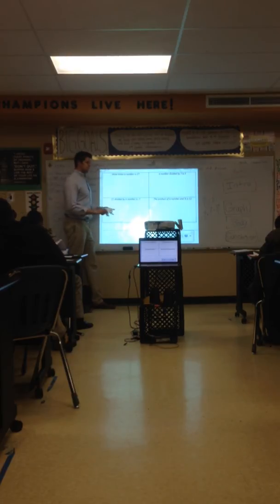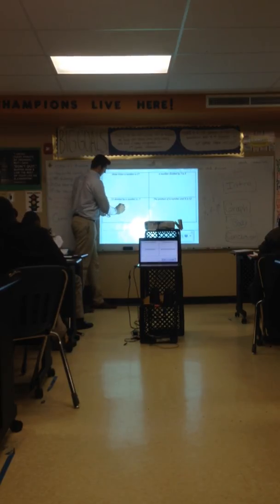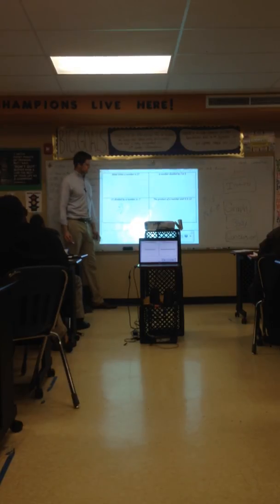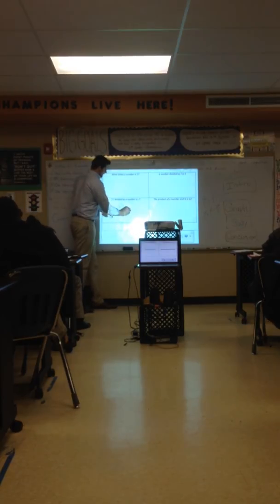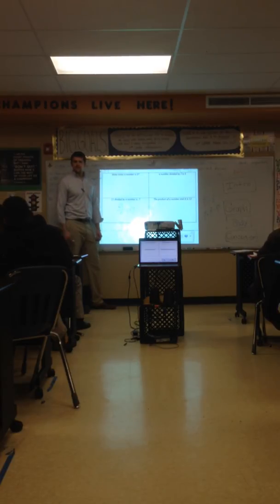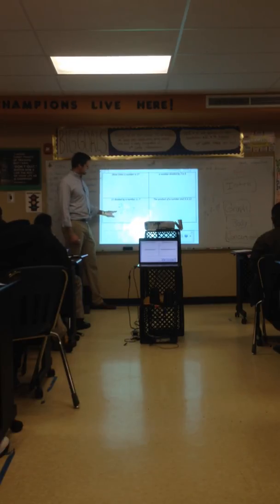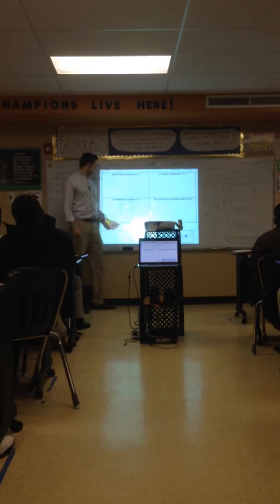So 21 divided by a number, I'm going to put n for a number, equals -7. Here, we'll do the opposite of the operation. Here, the operation is division. But I am not dividing by 21.